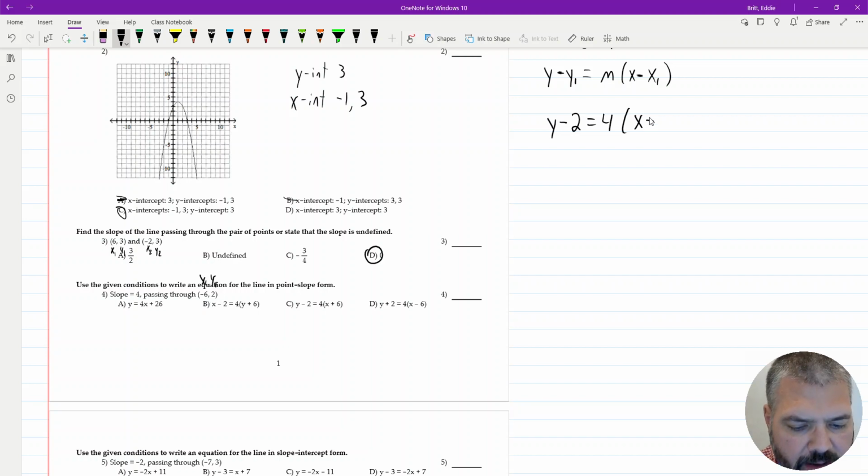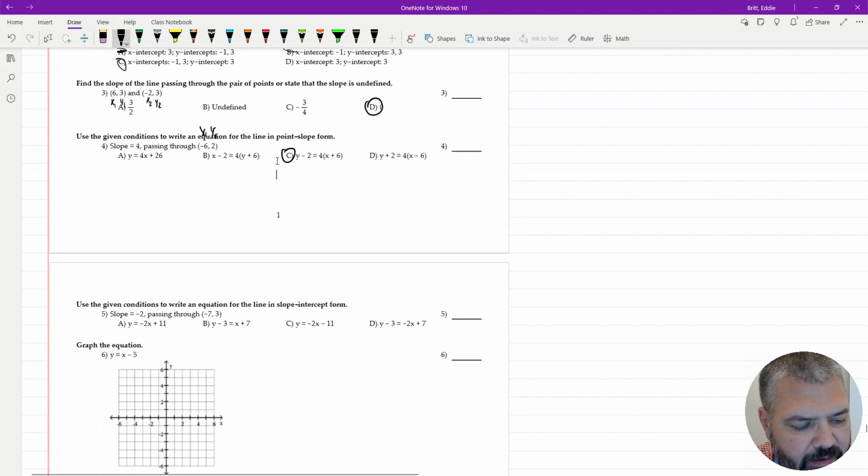So it's going to be minus negative 6, which makes that a plus 6. Now I don't want to solve for y here because it asked me for point slope form. That's point slope form. If the problem would have said slope intercept form, then we would want to make it y equals. But it said point slope form. All right, so let's see which one it is. That's going to be C.